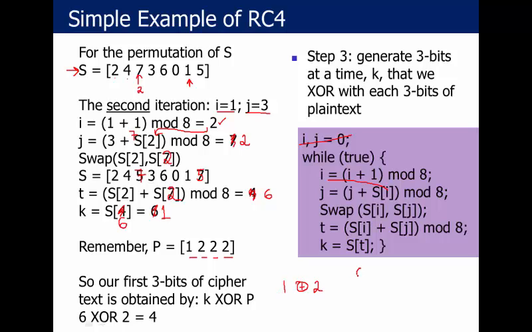So 1 means 0, 0, 1. 2 means 0, 1, 0, right? So we do exclusive or. Then 0, 1, 1, which is 3. This is exactly the same. 1 plus 2 is 3.